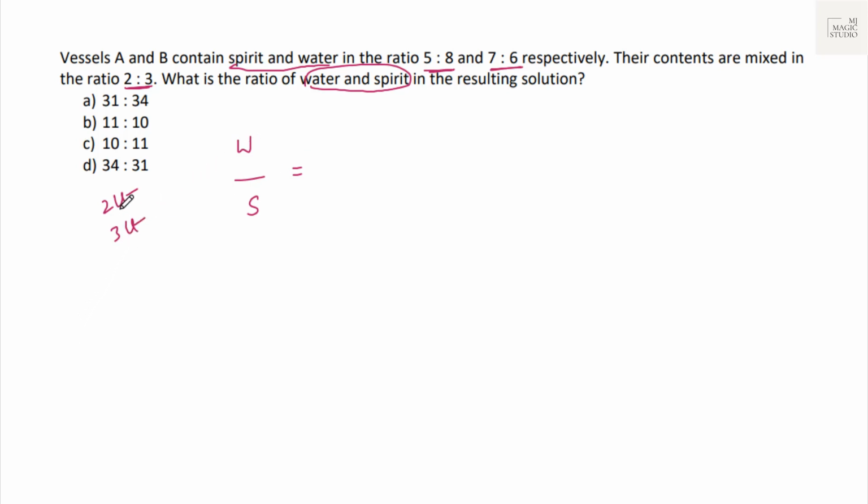Then water taken from vessel A is 8/13th part of 2, and water from vessel B will be 6/13 part of 3. Similarly, spirit from vessel A is 5/13 part of 2 and from B it will be 7/13 part of 3.